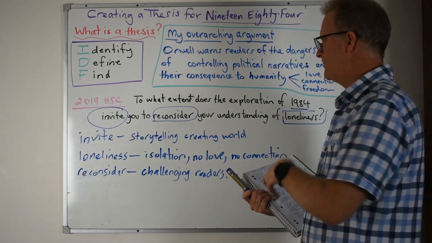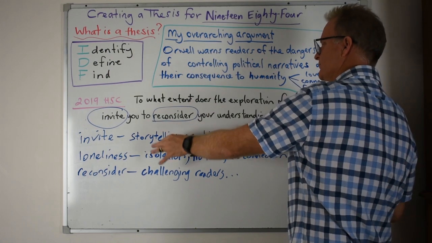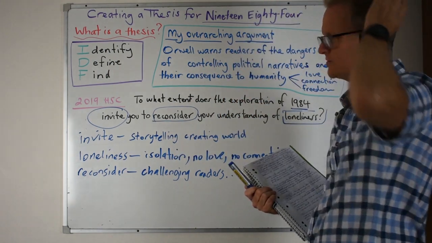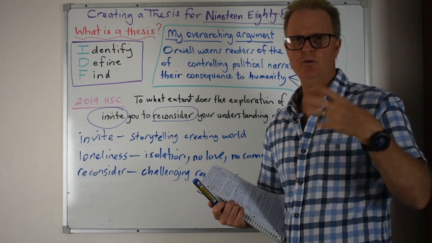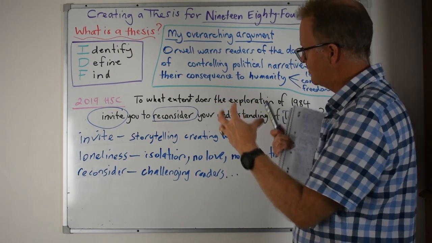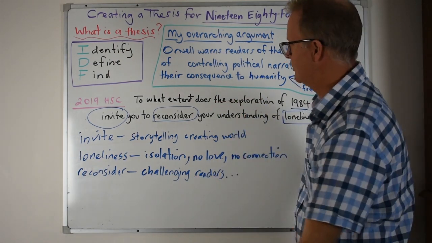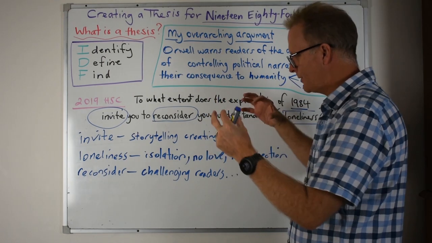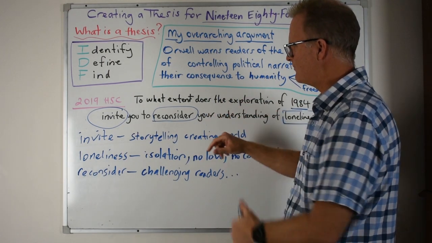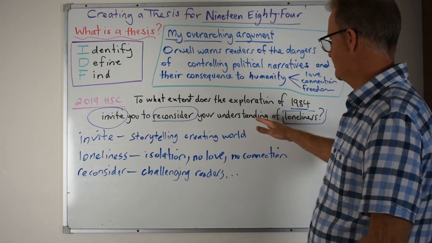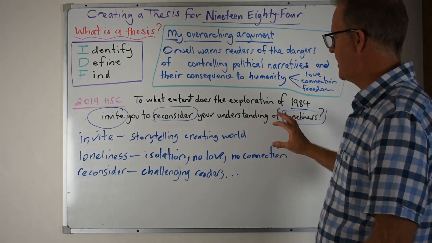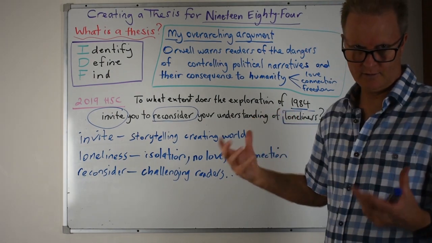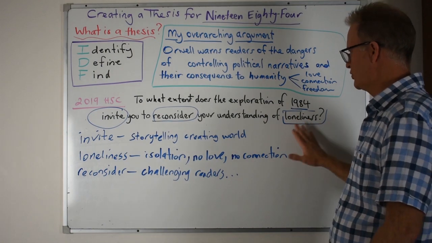Okay, so once we've defined those keywords, now what we want to do is find a way that we can put these all together, find a way to shape our argument. In this question, essentially, we're only having one true focus.